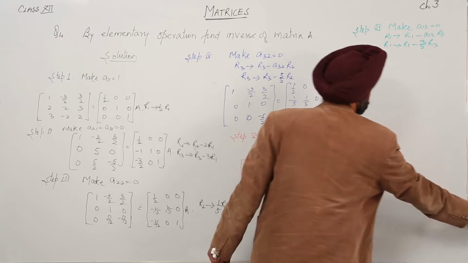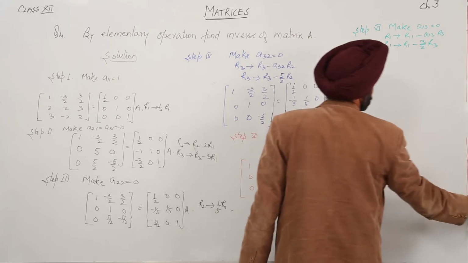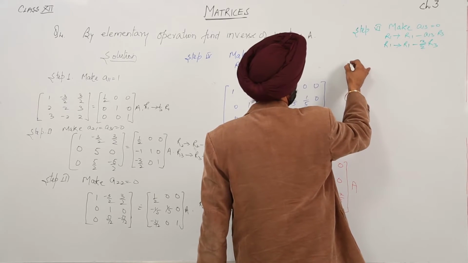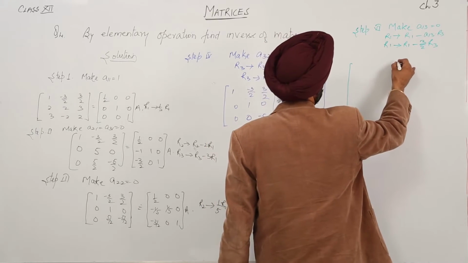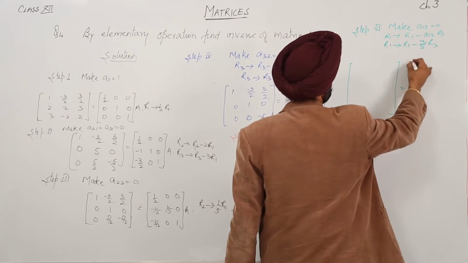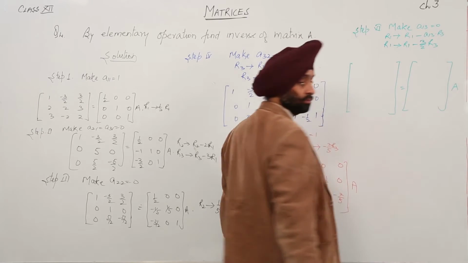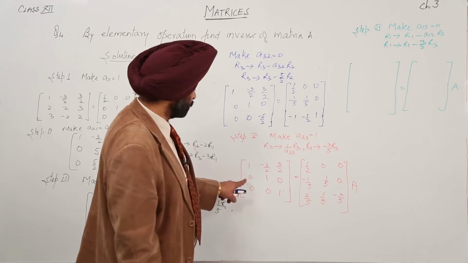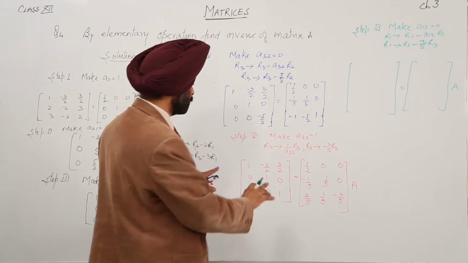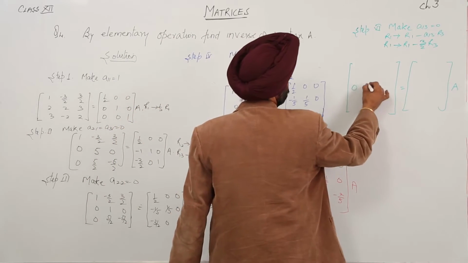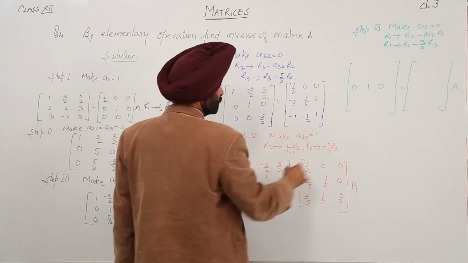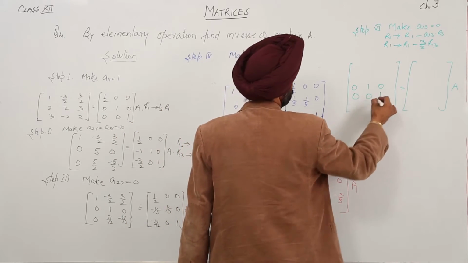Now it will become easy. The second row and third row we are not changing, we are changing only row 1. So let me write it 0 1 0 0 0 1 0 0 1.